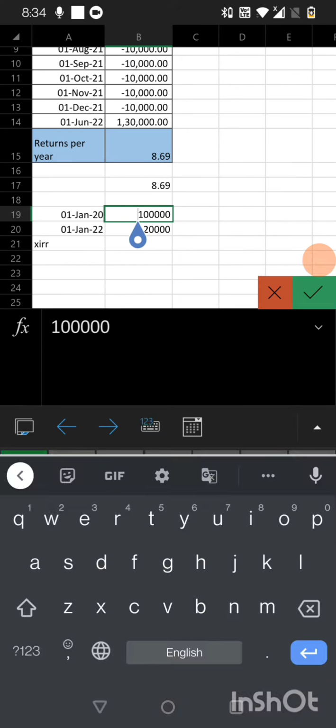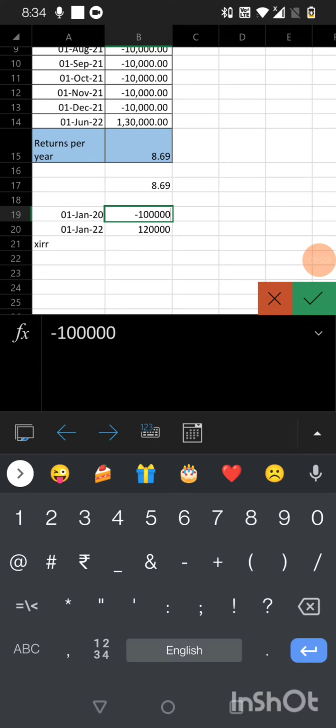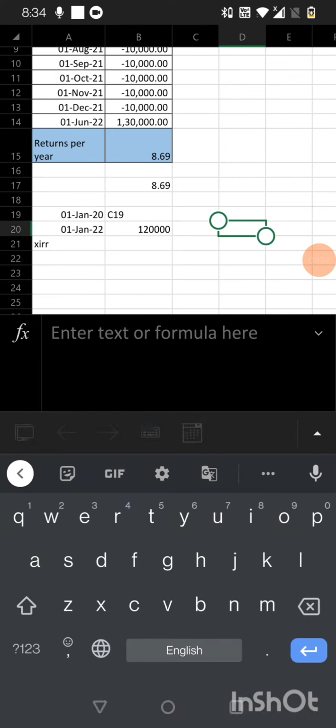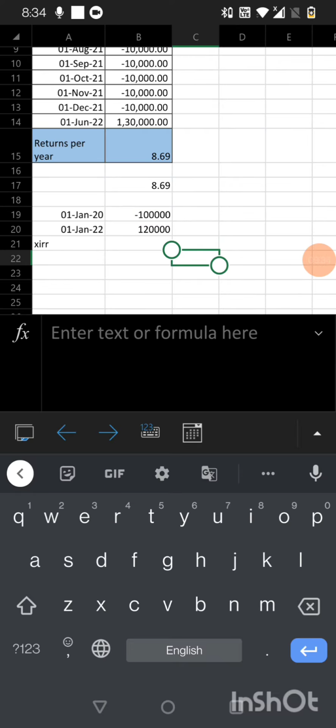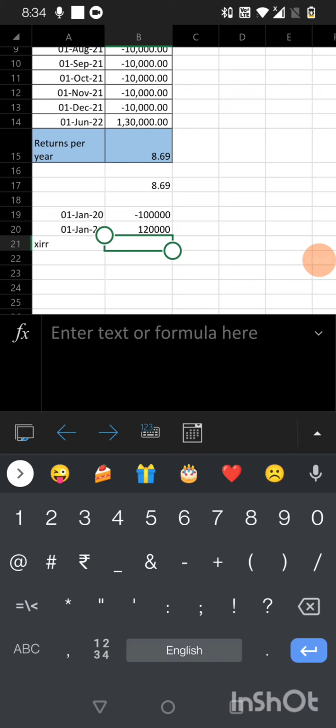See, minus 1 lakh rupees, because I have sent my money from my pocket to outside. That's why it is always minus. And then in 2022 I received it, that's why it is positive. Now we can add the formula.